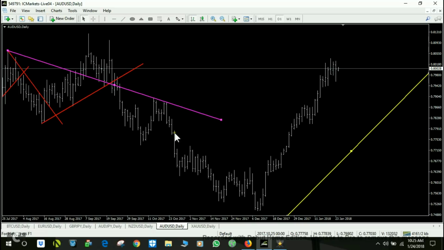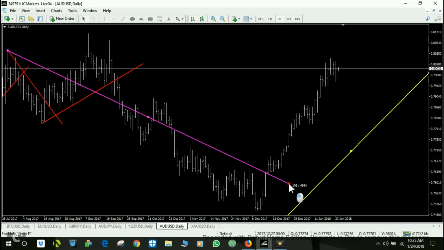There's your line. Price came away, created another wave, went away again, so now we move our line to the top of that wave. Price came down, price came up, we now move the line to the top of that wave. It's not much, but it's a wee bit. Price came down, price came up, failed to break away, came back down again, move the line.